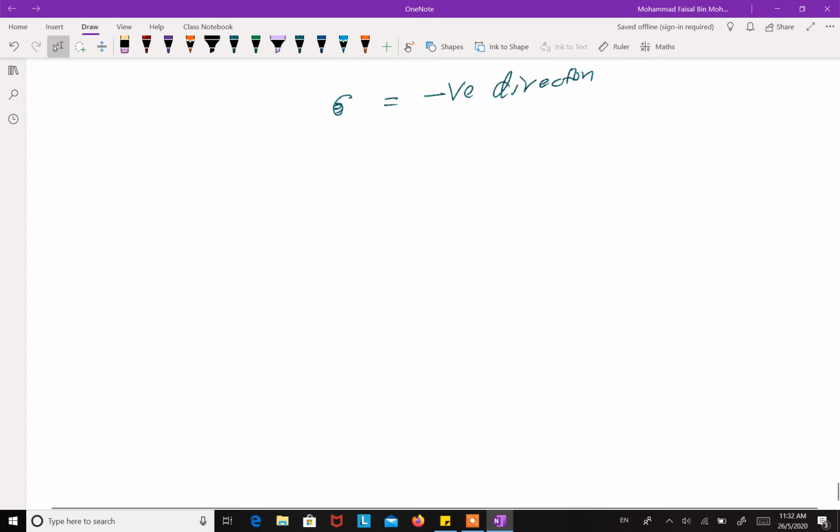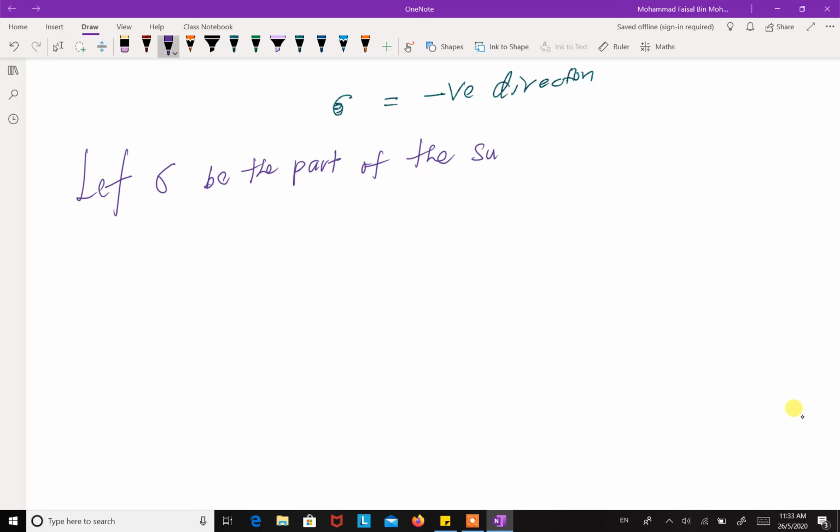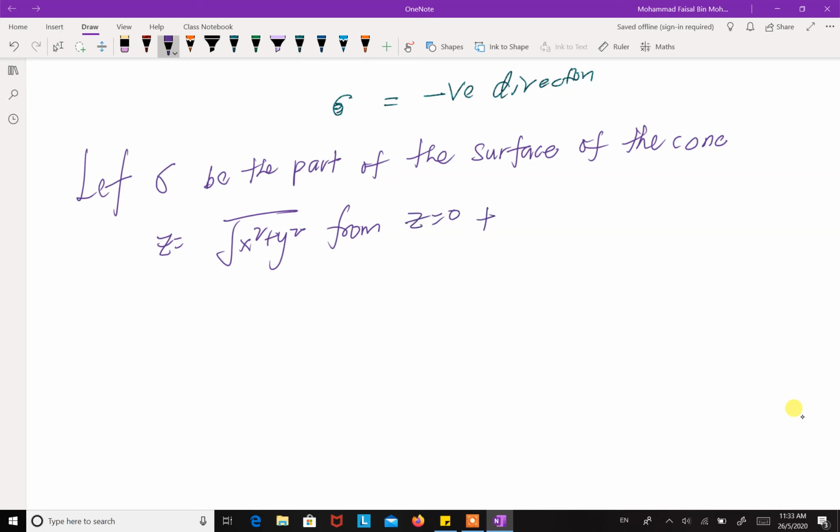Let sigma be the part of the surface of the cone z equals square root of x squared plus y squared from z equals 0 to z equals 1.